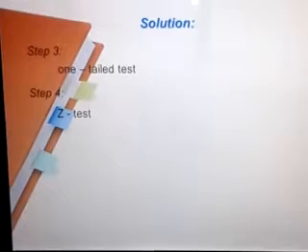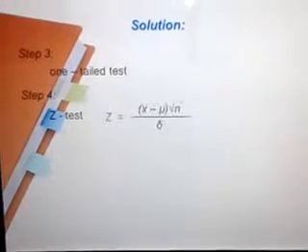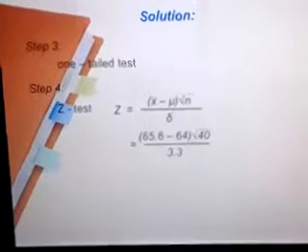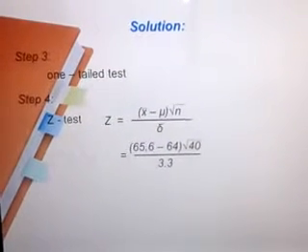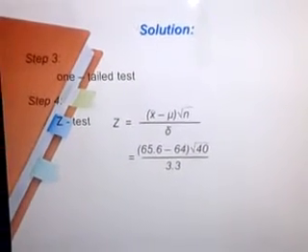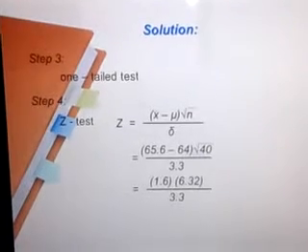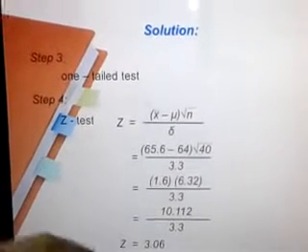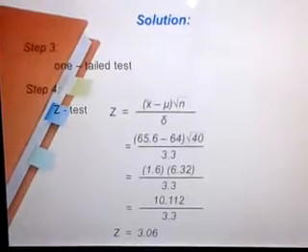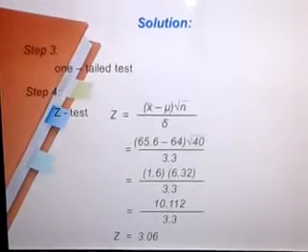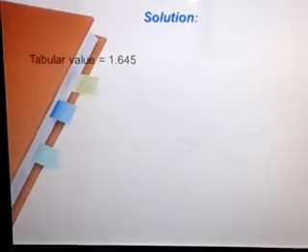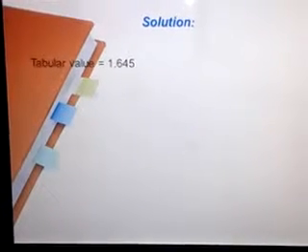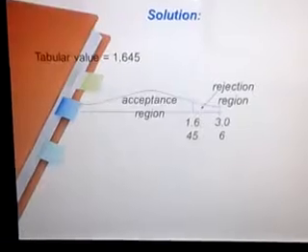Step 4, Z-test. Let us have this formula: 65.6 minus 64, multiplied by the square root of 40, divided by 3.3. So we will come up with Z equal to 3.06. The tabular value is 1.645.